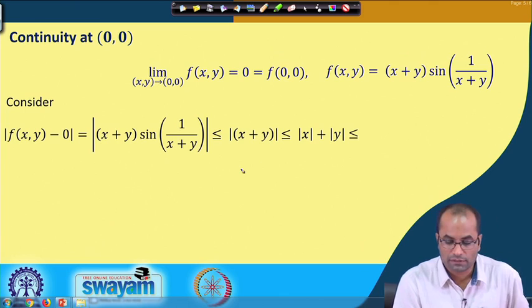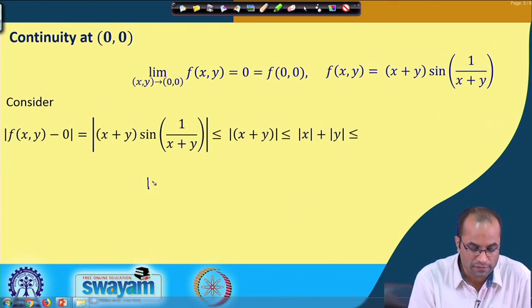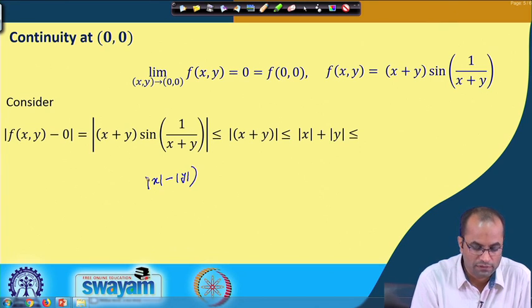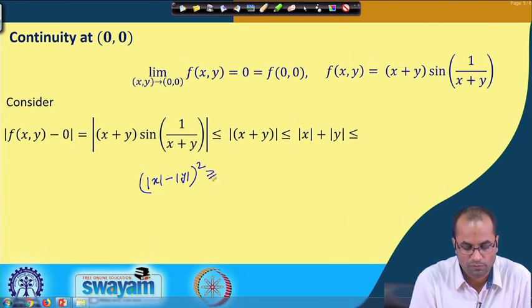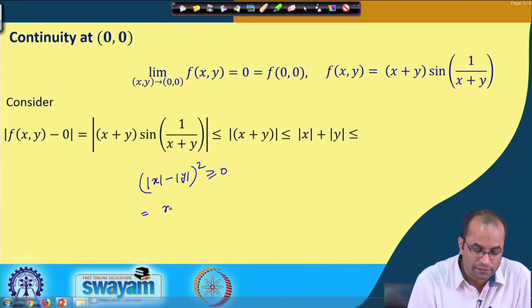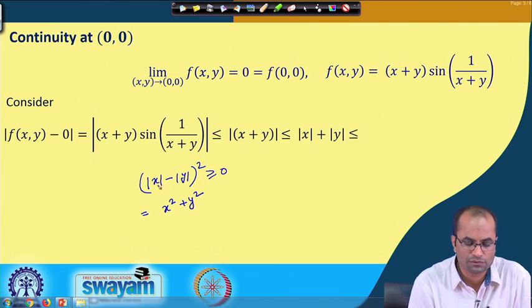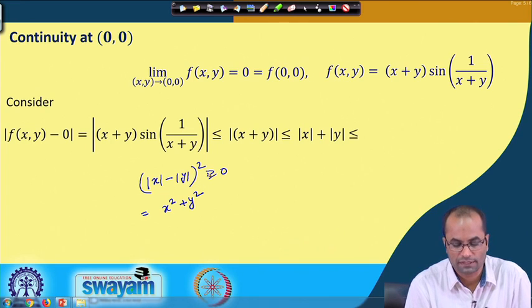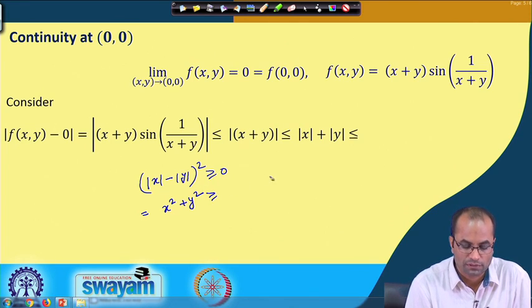So, here if we consider the absolute value of x minus the absolute value of y, whole square, this will always be positive because this is a whole square term. Then we have x square plus y square minus 2 times the absolute value of x and absolute value of y, which I can bring to the right hand side. So, the right hand side will become 2 absolute value of x and absolute value of y.